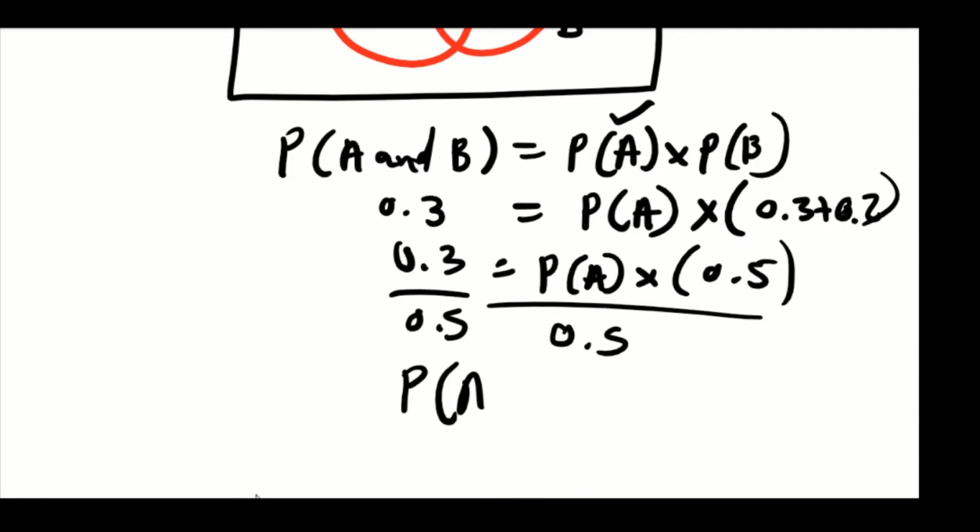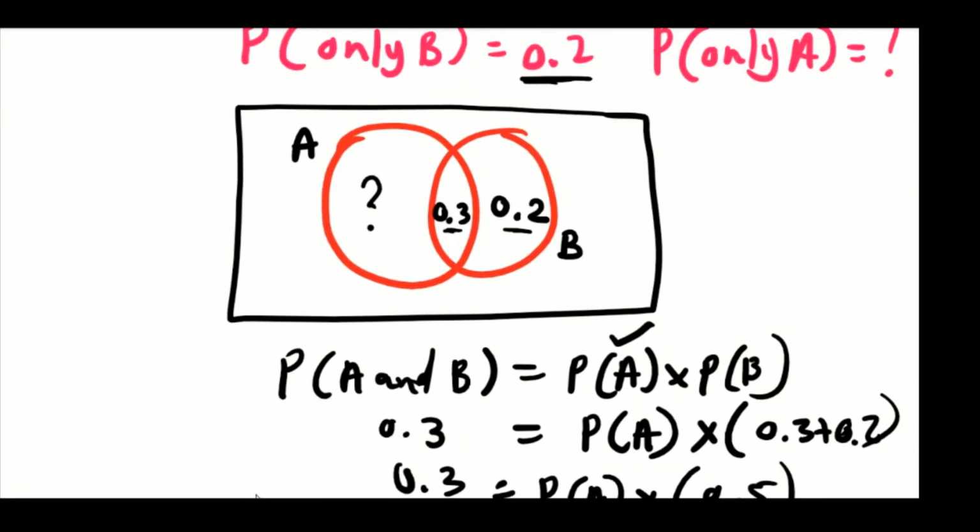Probability of A is equal to, so use your calculator and check. Probability of A is going to be equal to 0.6, right? So the probability of A is 0.6, meaning the entire A is 0.6. But we have an intersection here of 0.3.